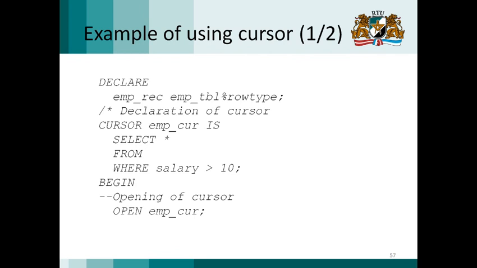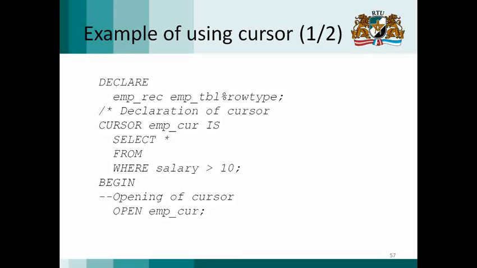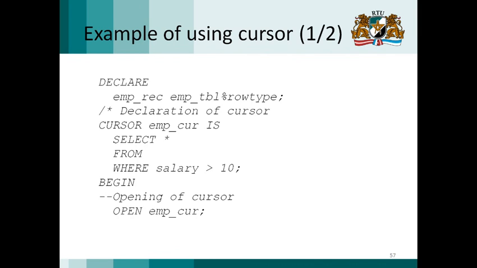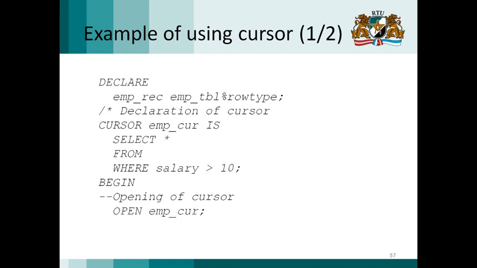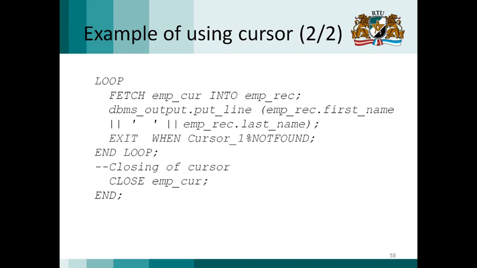We have a cursor, employee cursor, that selects all the records from the employee table where salary is larger than 10, and after that we start the begin part and open the cursor, then we start one of the loops.